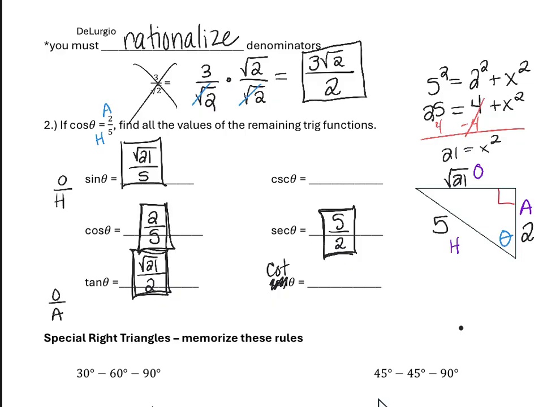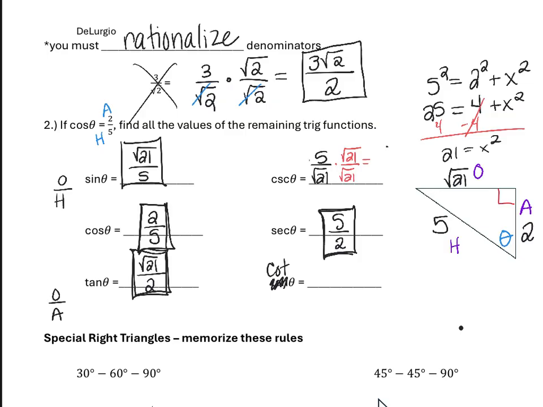Okay, then we need to find our reciprocals. So we take sine to find cosecant and we flip it. We get 5 over root 21, which we cannot leave like that because we can't leave the root in the bottom. So we need to multiply top and bottom by root 21.